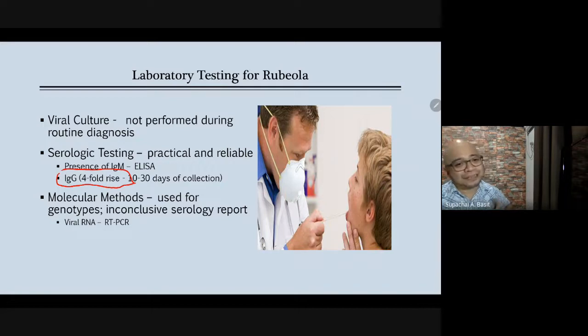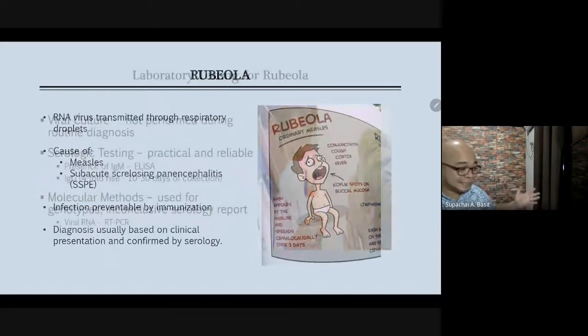Molecular method is used for genotyping, particularly if you are not confident with the serology report, then we can resort to molecular diagnostics such as the RT-PCR. But then again, it is not practical for routine purposes unless there is an epidemic.